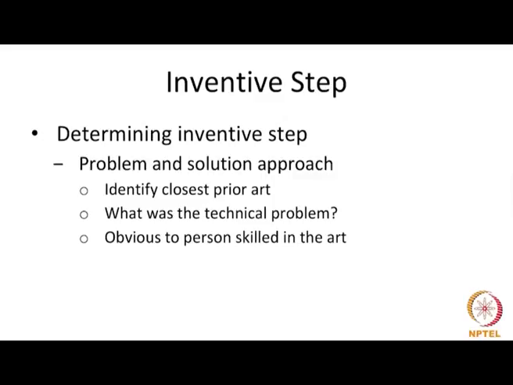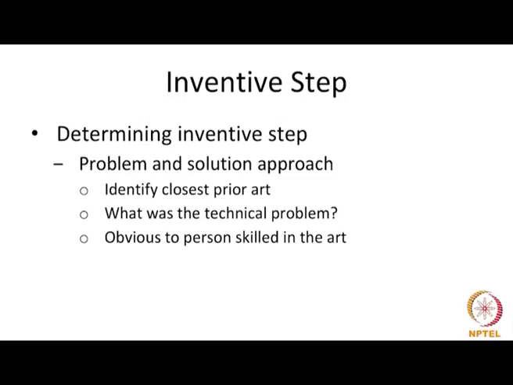There was an existing problem and that problem could not be solved by the person skilled in the art in that particular field, and the problem existed either for a long time, or people were repeatedly trying to solve that problem and they were unsuccessful. The problem, if it got addressed by an invention, then we would say that the invention solved an existing problem. So, this is called the problem solution approach.